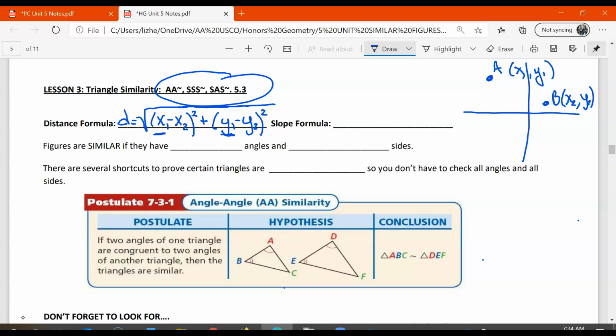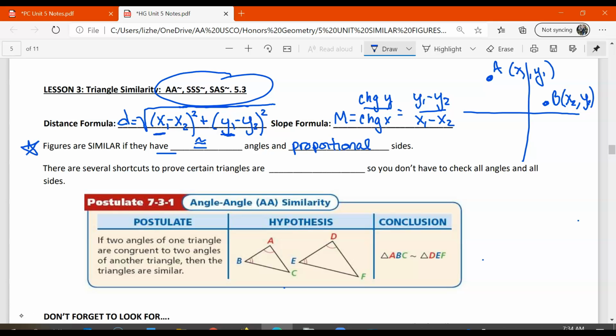The slope formula is our letter m, and that is the change in y over the change in x, which means y1 minus y2 over x1 minus x2. All right, figures are similar if they have congruent angles and proportional sides.